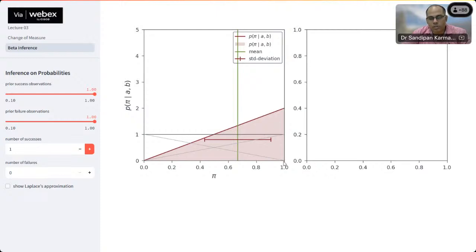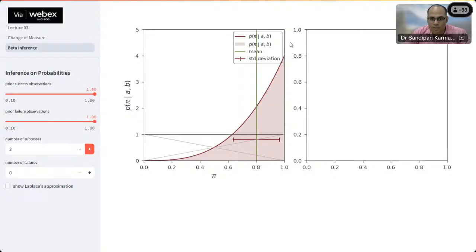Towards 1 means towards head, so it is telling you that one head has come. The second is also a head, so you see the posterior has a little curvature. Then the third is also a head, then a little more curvature.